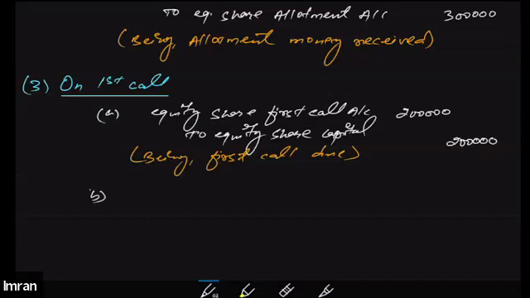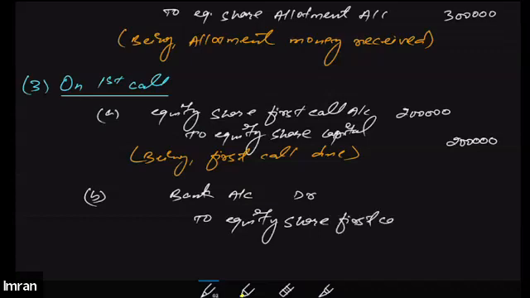And then we will pass one more entry for the receipt of first call money. So this will be bank account debit to equity share first call, which will be 2 lakhs here and 2 lakhs.